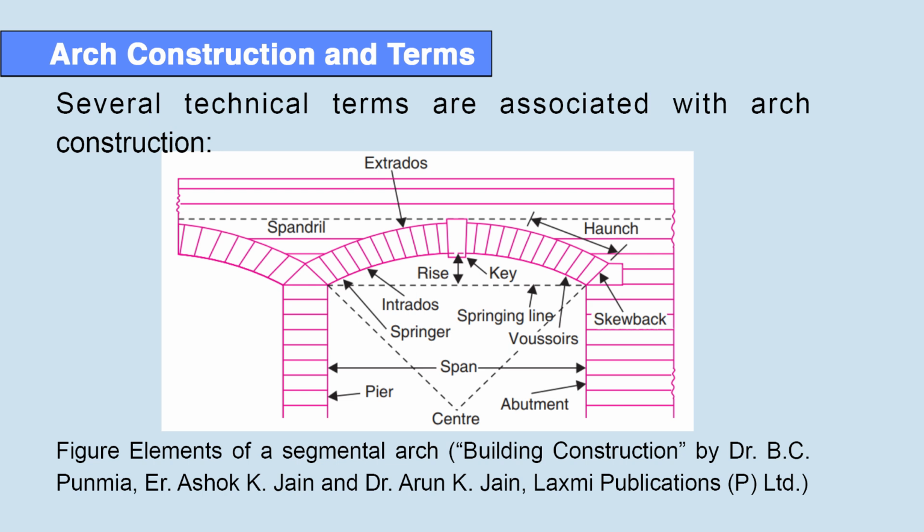Second is soffit, the inner surface of an arch, often used synonymously with intrados. Now, what is extrados? Extrados is the outer curve of an arch. Next is voussoirs, the wedge shaped units forming the arch. Next is crown. The highest part of the extrados is known as the crown.